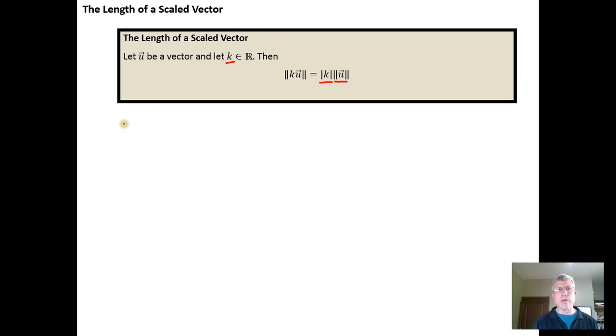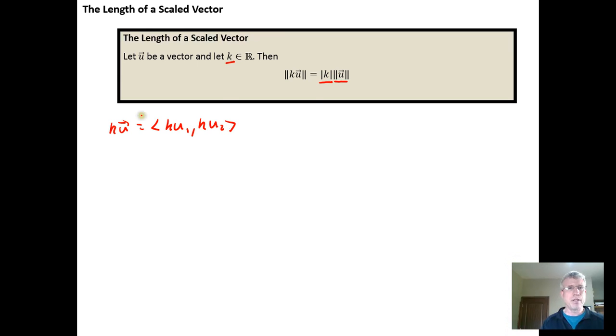So if we're working with vectors in the plane, which is what has been the focus of this particular set of videos, then if we have the vector ku, we know that that looks like k times u sub 1, k times the first component of u, and then we distribute k into the second component of u.